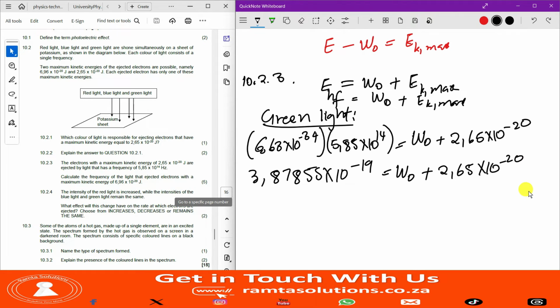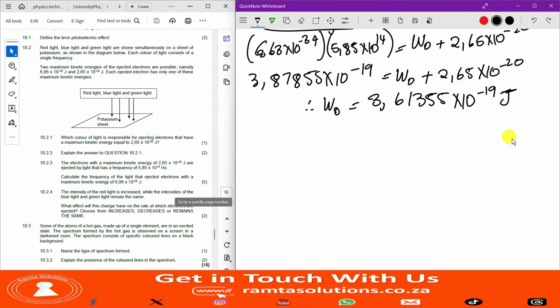So the work function is 3,87855 times 10 to the negative 19 minus the kinetic energy 2,65 times 10 to the negative 20. What do we get? The work function is 3,61355 times 10 to the negative 19 joules. Okay? I am aware I didn't write this to 2 decimal places because we are not done.